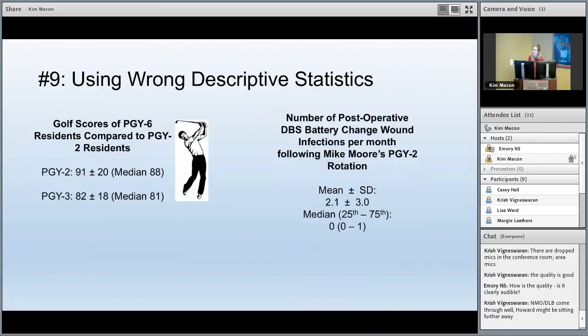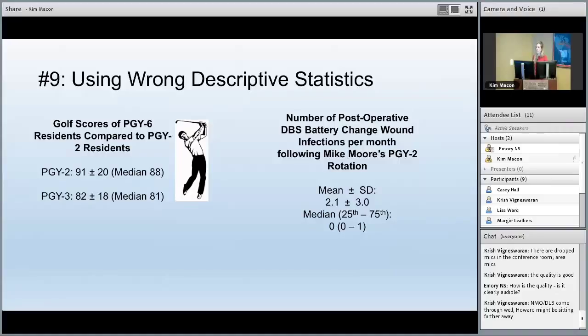But what if we wanted to look at the number of post-operative wound infections by PGY2 rotation? Well, here, the mean is quite high, and the standard deviation relative to the mean is quite large. So maybe this is not the right descriptive statistic.